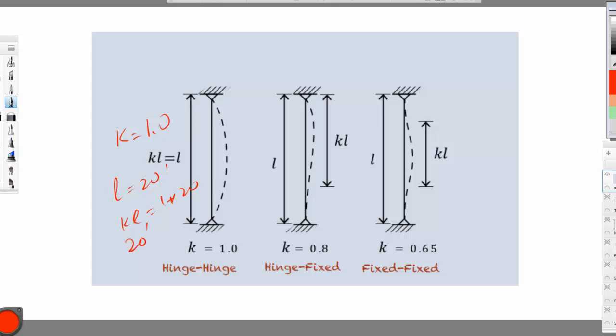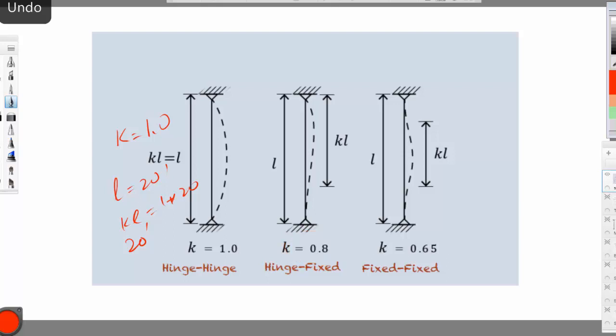Now if we go to the hinge-fixed, this will buckle. The hinge part doesn't resist any moment, so it will buckle freely, but the fixed part will resist buckling, so there will be some restraint like that. Meaning that the length that will be buckling is only this part. So the K value, or how much of the entire length is buckling, is 0.8.